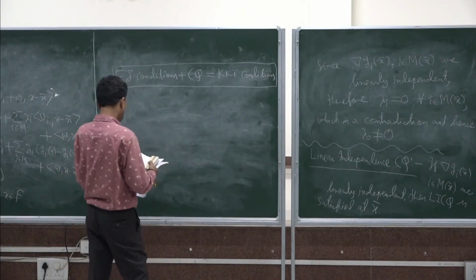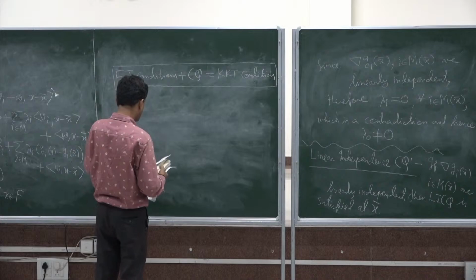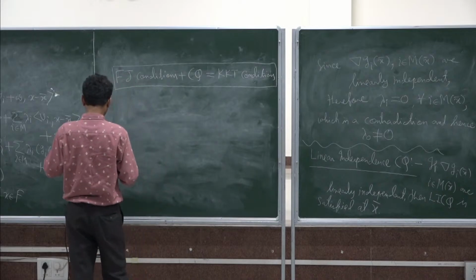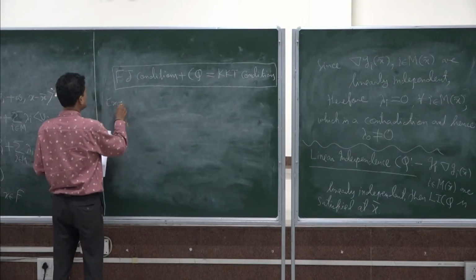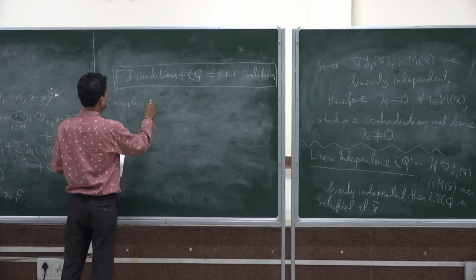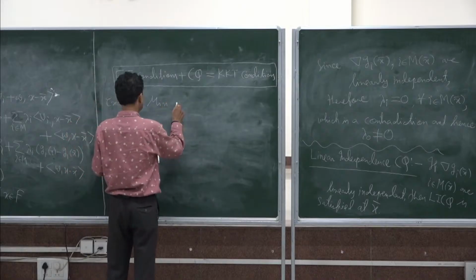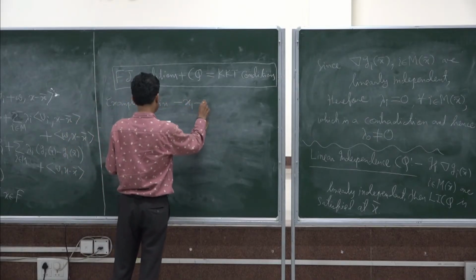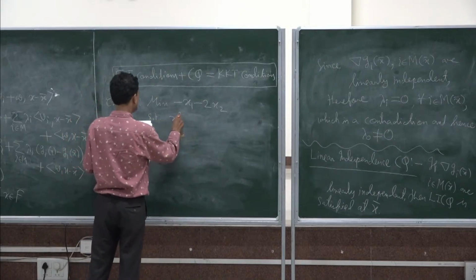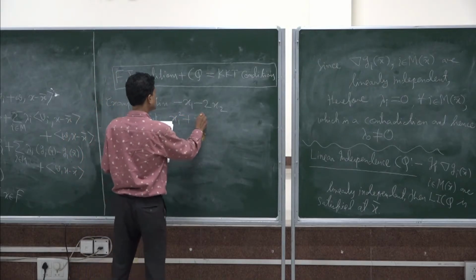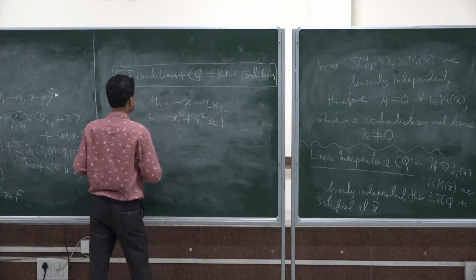So, maybe we end now with this one exercise. If you want to minimize this objective function x1 minus 2x2 subject to x1 square plus x2 square less than or equal to 1, right.